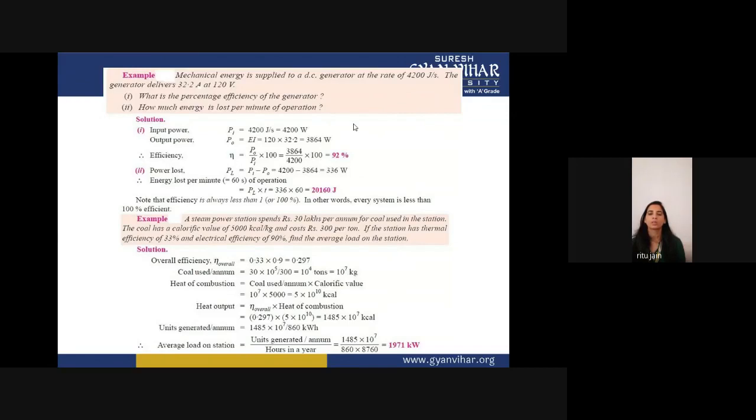So units generated per annum is equal to 1485 into 10 to the power 7 upon 860 kilowatt hour. So average load on station is units generated per annum upon hours in a year. So 1485 into 10 to the power 7 upon 860 into 8760, you will get 1917 kilowatt.